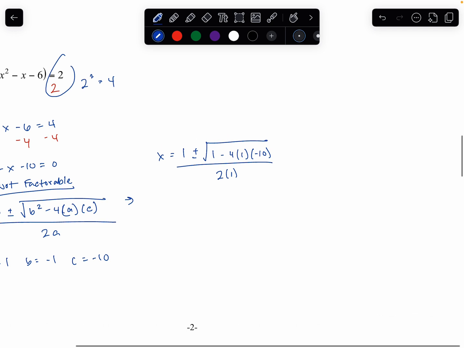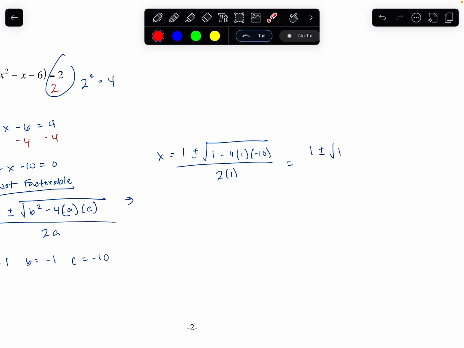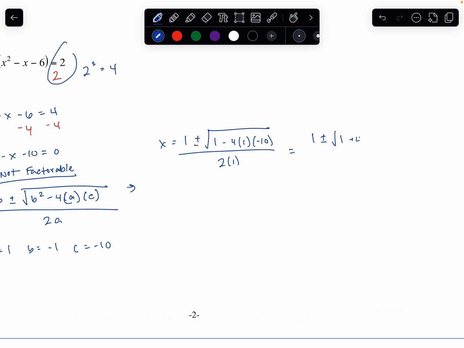And that's going to be equal to 1 plus or minus the square root of 1 plus, so that's going to be negative 10, and negative 4 times negative 10 is positive 40, over 2. So that's going to be equal to 1 plus or minus the square root of 41, divided by 2.